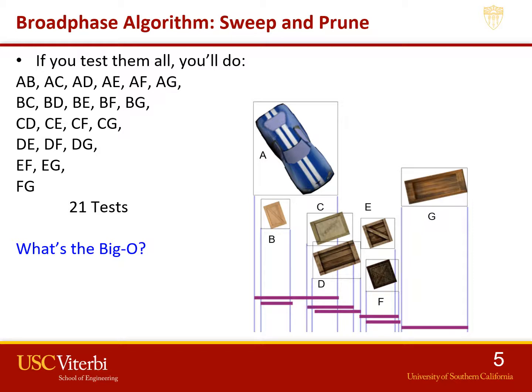So that gives us one quick optimization either way. If I just list these objects, labeling them A through G, and I just want to test every possible combination of collision, this is the list that I'll get. Object A has to be tested against B through G, but then B needs to be tested against C through G, etc. In total, if you count these up, you get 21 tests.